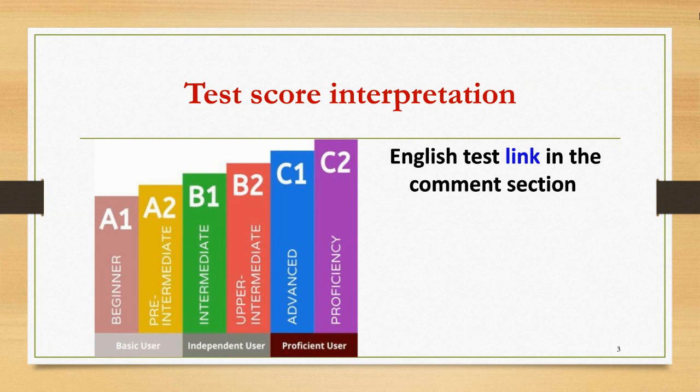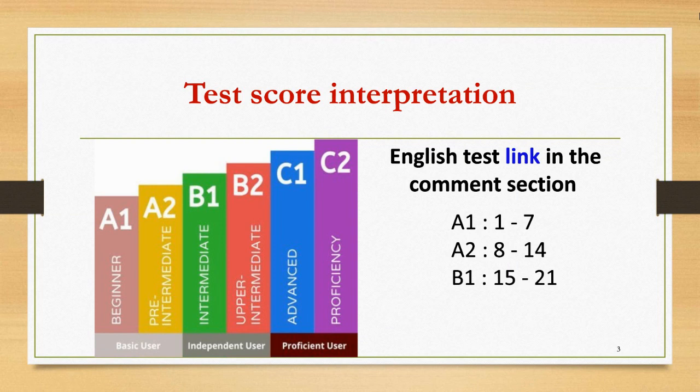Once you finish answering the test questions, you will be asked to submit your answers. Once done, you will get your score right after passing the test. If your results are from 1 to 7, you are in level A1. If your score is in between 8 to 14, you are definitely in level A2.